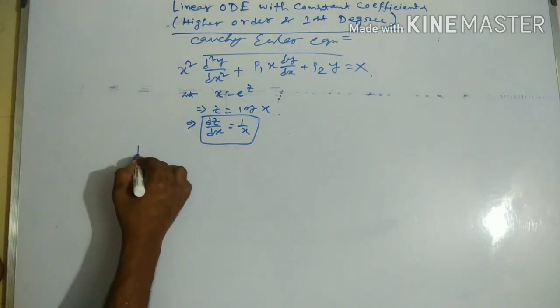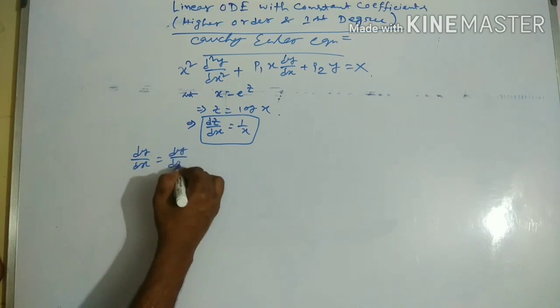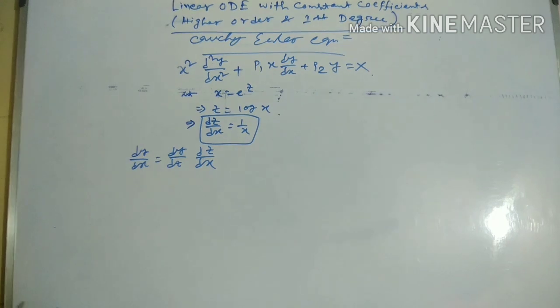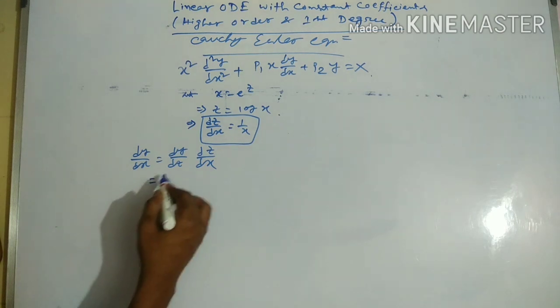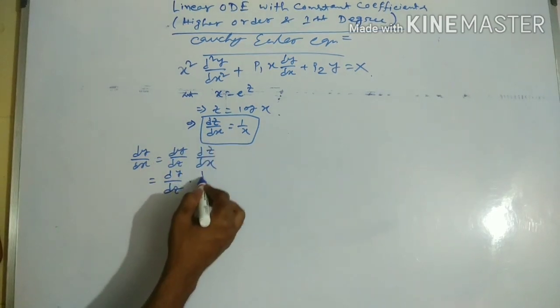Now we know that dy dx can be written as dy dz into dz dx by the chain rule. You have learned this chain rule in the chapter on functions of several variables, which was in the syllabus of first semester. So we put dy dz into the value of dz dx, which is 1 by x.